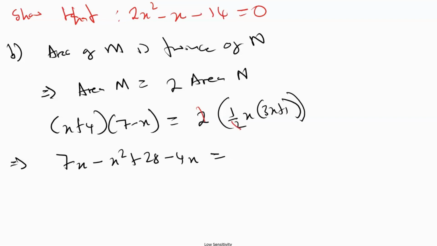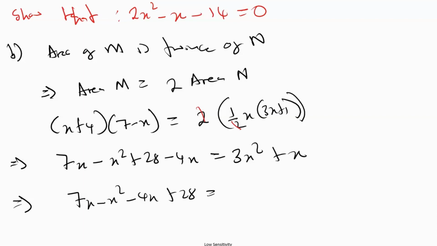So we have 3x squared plus x. So we can simplify on this side now, which is 7x minus x squared minus 4x plus 28 is equal to 3x squared plus x.